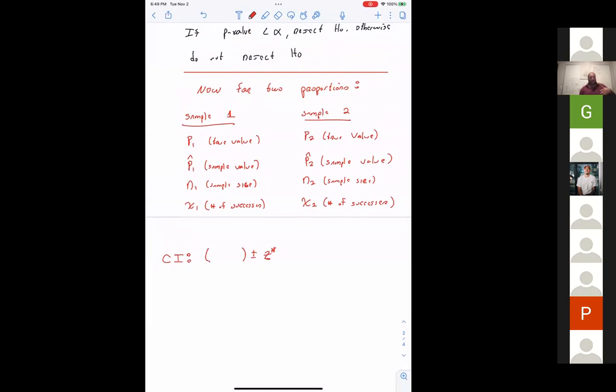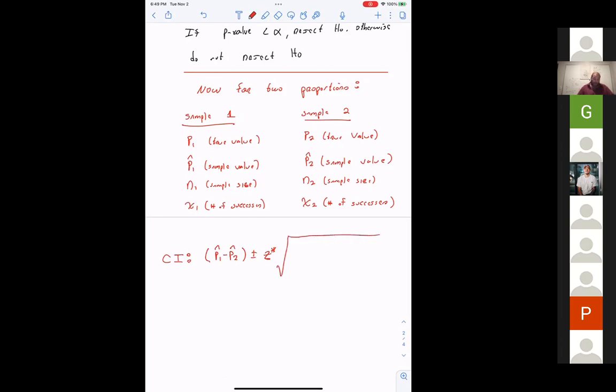Like if I think women are better than men in some area or men better than women, I might take samples of each, compute their values, and it's the difference that I care about. So the value that we're going to start with for the confidence interval is P1 hat minus P2 hat. It's the difference between the first sample proportion and the second sample proportion.